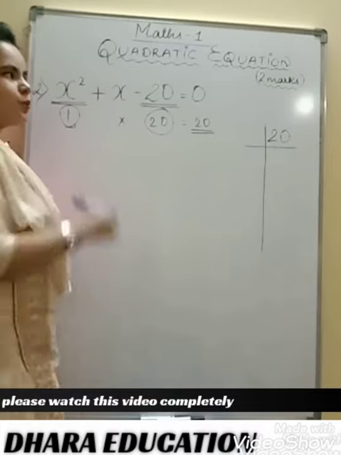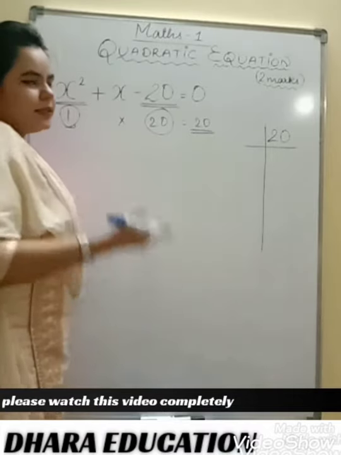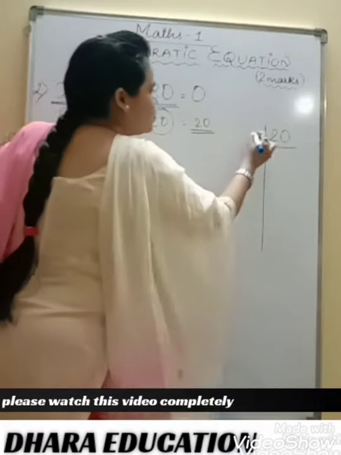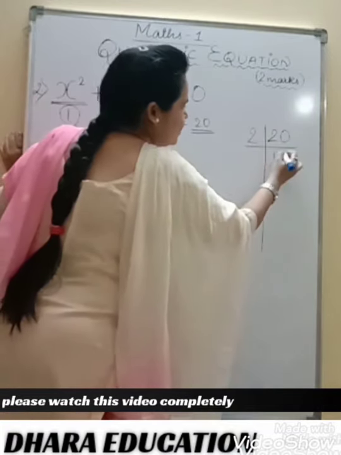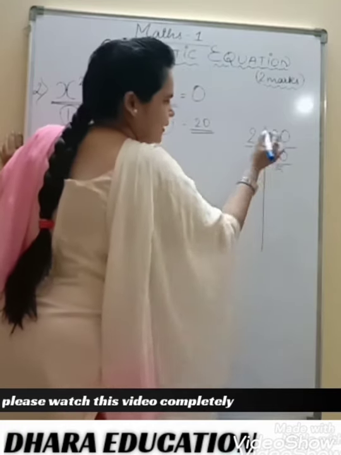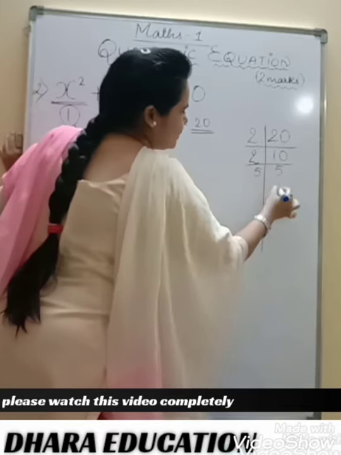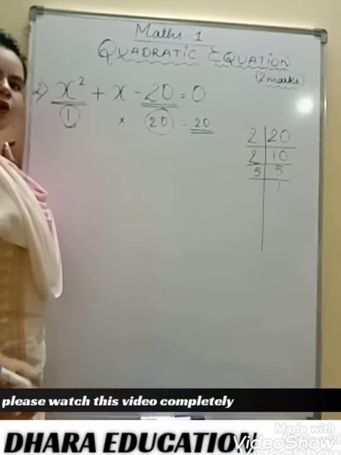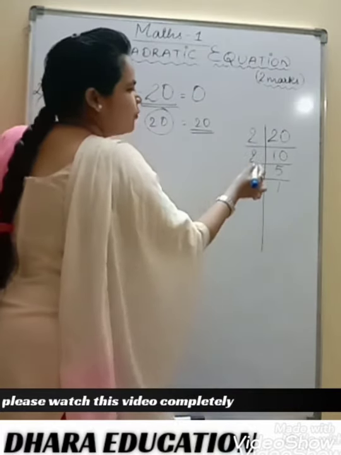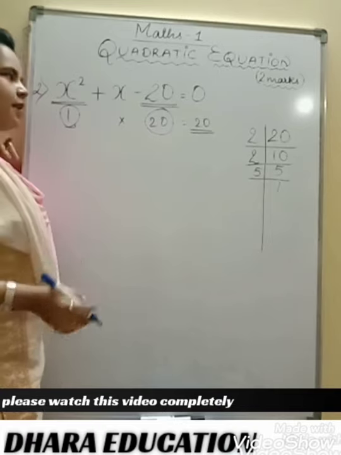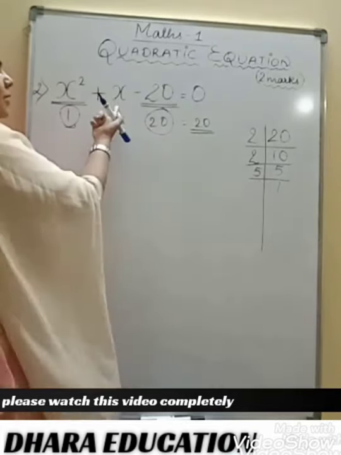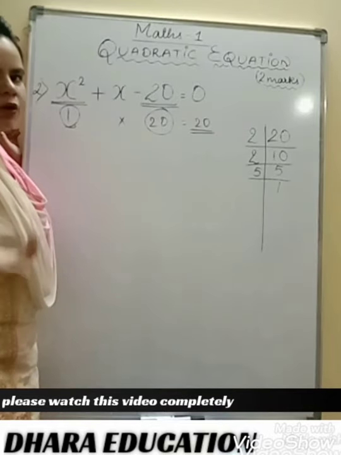As this is 20, you might be aware it will definitely come in the table of 2. So 2 tens are 20, 4 fives are 20, and 5 fours are 20. Alright, so we got the factors 4 and 5. Now on the basis of this we can conclude whether the middle term is fulfilling our targets or not.